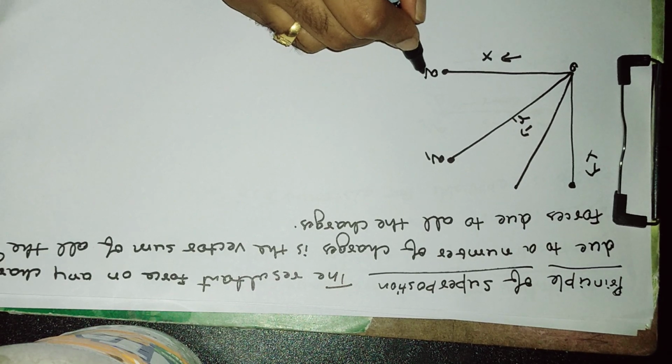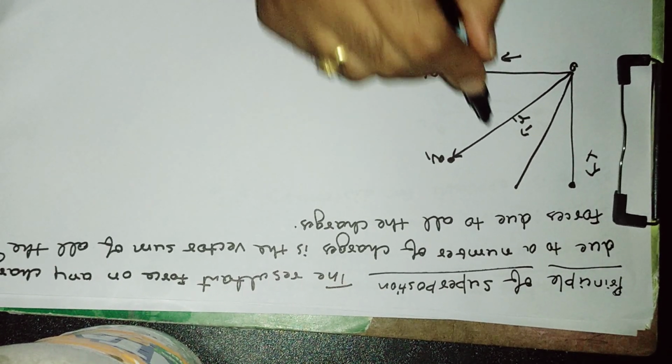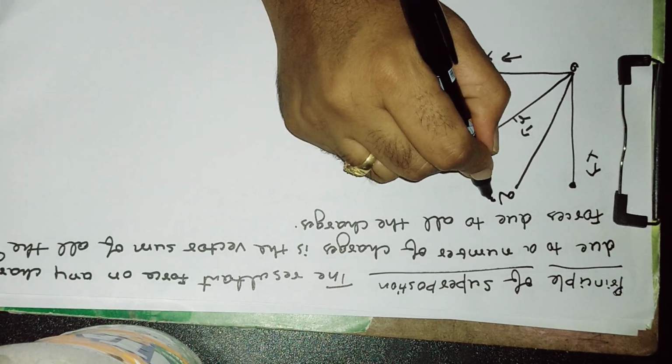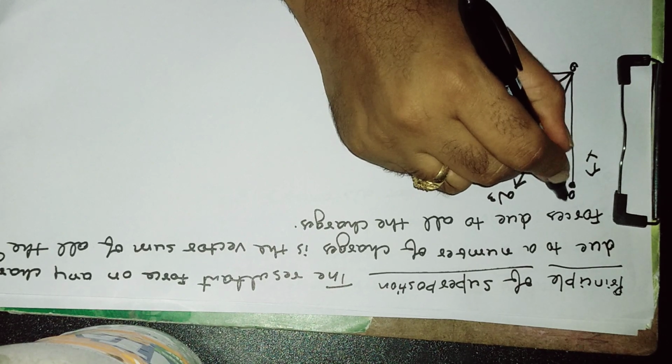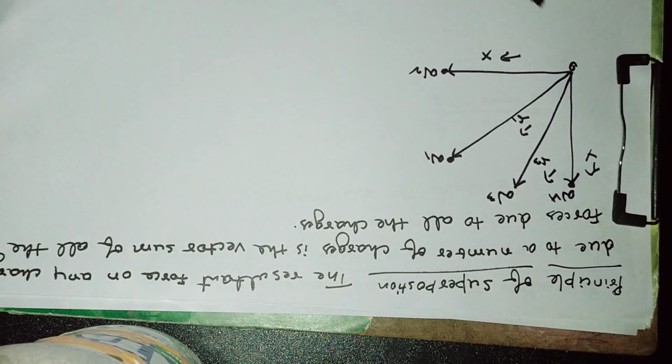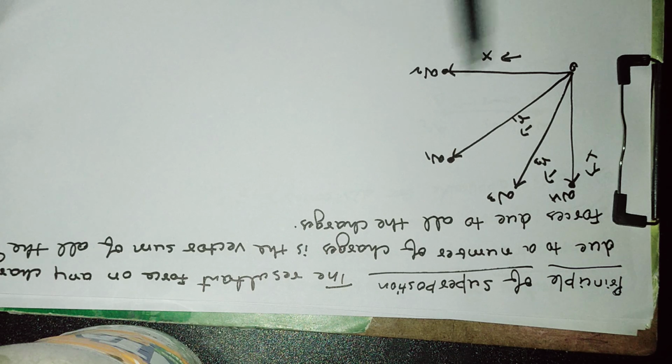Let me call this q2. This is q3, q4 and so on. Now what I am interested in is the force acting on q1 due to all other charges surrounding it.